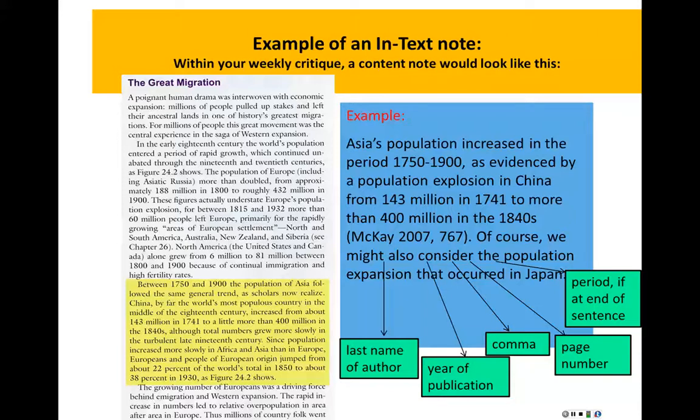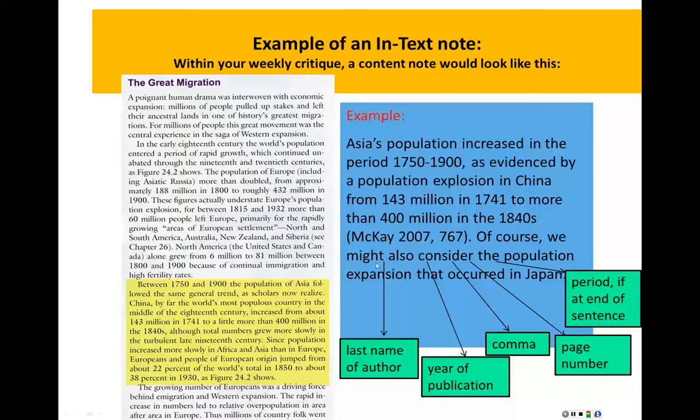And that citation says to your reader and to me, your most important reader here for determining your grade, that you just didn't make this up, that you got it from a reliable source.